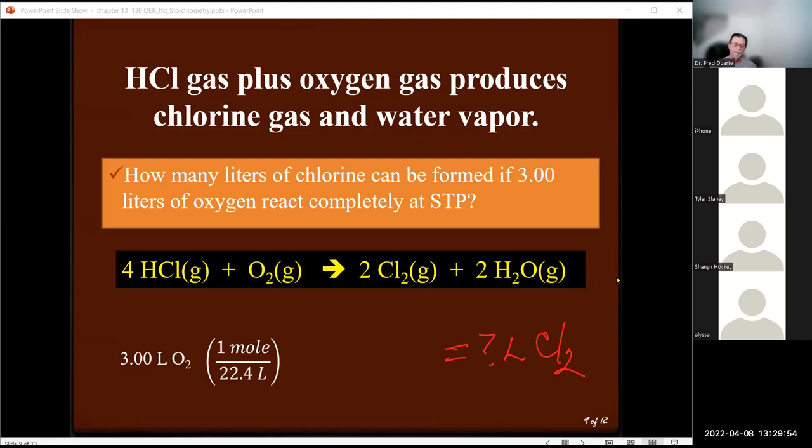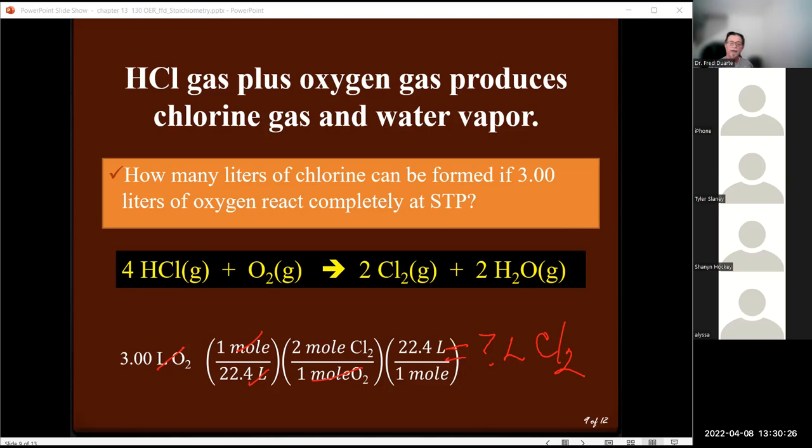Then going to the balanced chemical equation, the stoichiometric relationship between chlorine and oxygen is a 2 to 1. Keeping track of your units, we're making sure things cancel out. At this point, we are at moles of chlorine. And since the question asks for liters, we can simply put back in the 22.4 liters per mole.